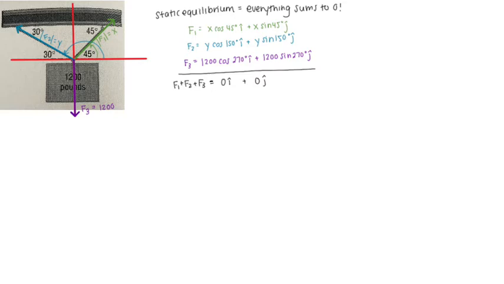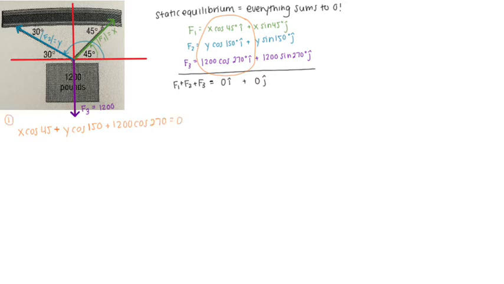First thing I'm going to do is add all of the horizontal components, all of those i components, and set those equal to 0. We are going to get x times the cosine of 45 plus y times the cosine of 150 plus 1200 times the cosine of 270. That's equal to 0.